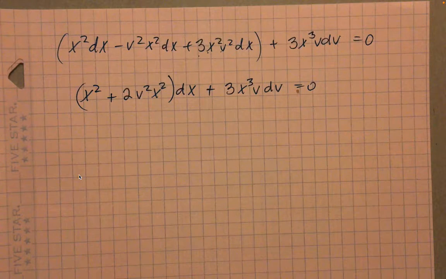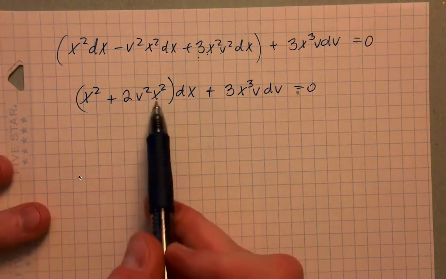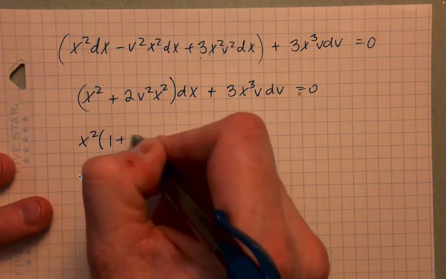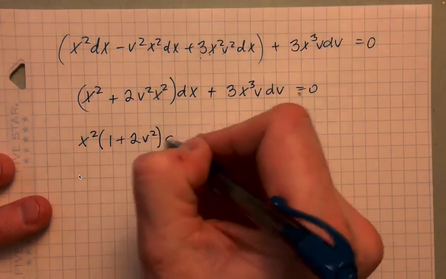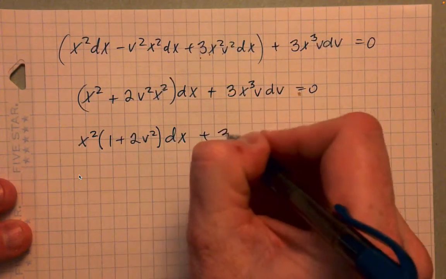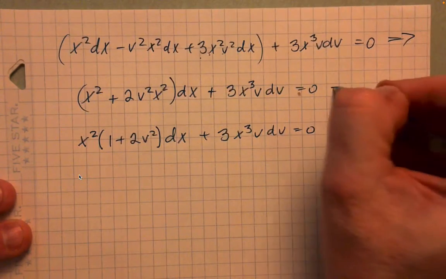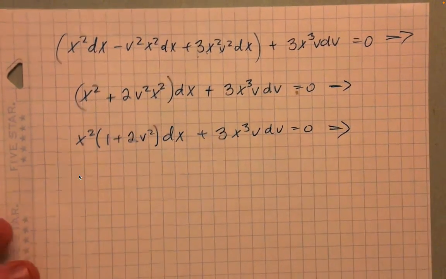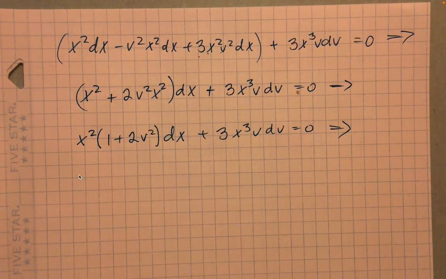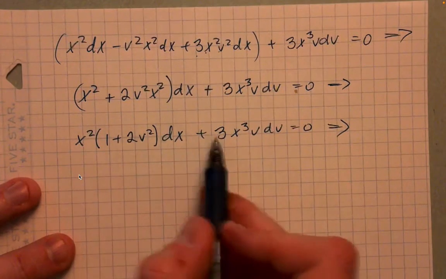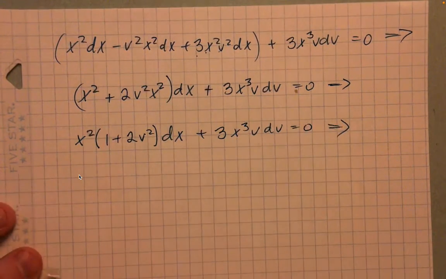All right. Okay, so then factor out the x squared here. So I get x squared times 1 plus 2v squared dx plus 3x cubed v dv. Okay, these are all obviously a chain of implication here. And so then I can do some separation, right? And so we'll move this guy to the other side of the equation.